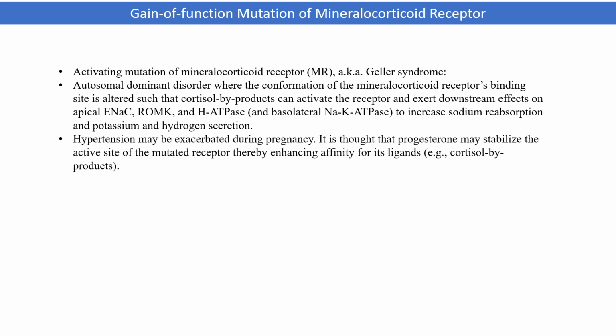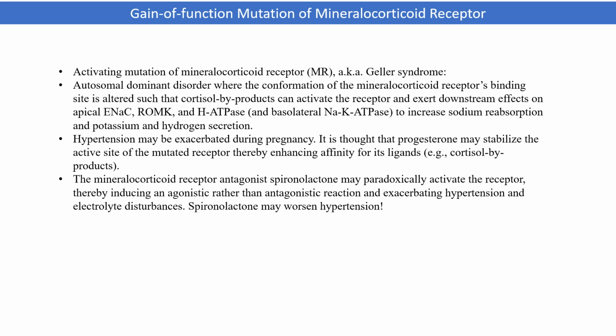Of interest, hypertension in this condition may be exacerbated during pregnancy. It is thought that progesterone may stabilize the active site of the mutated receptor, thereby enhancing affinity for its ligands.